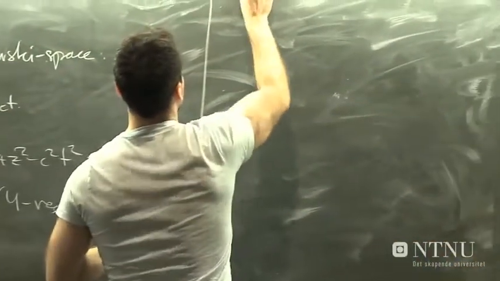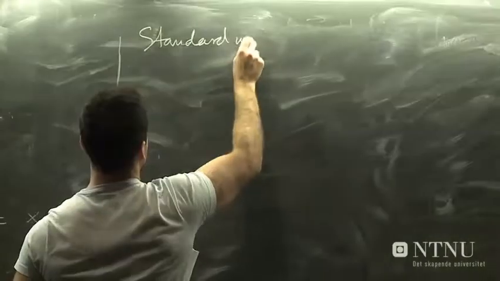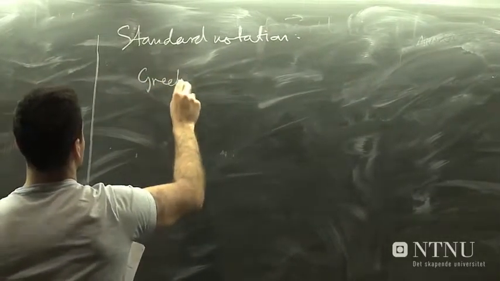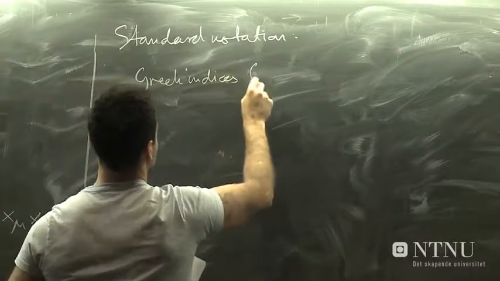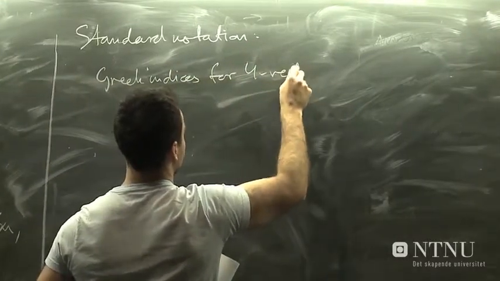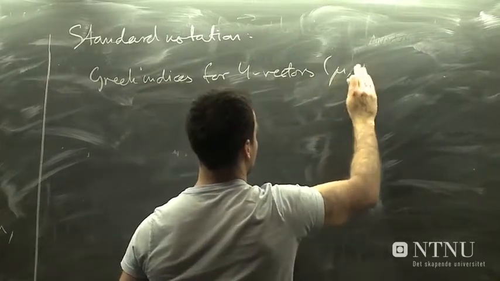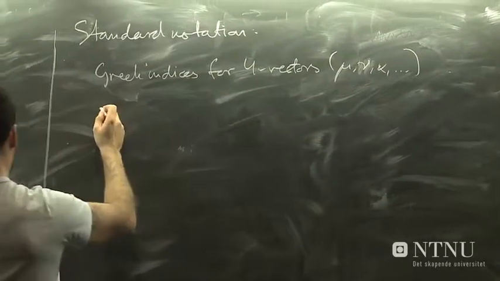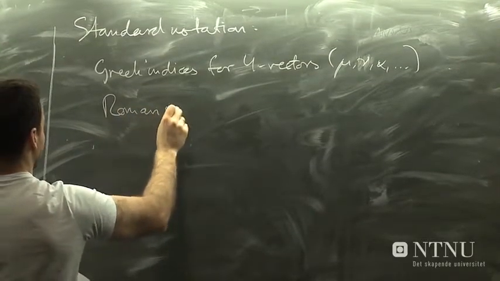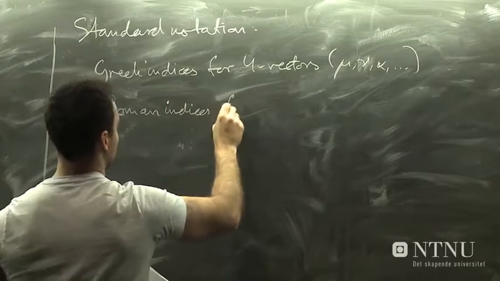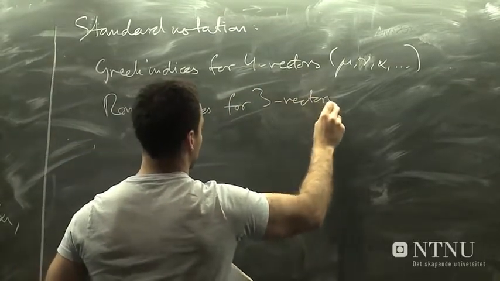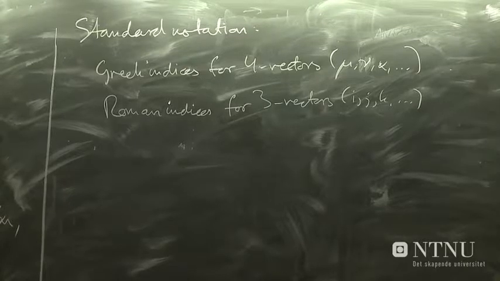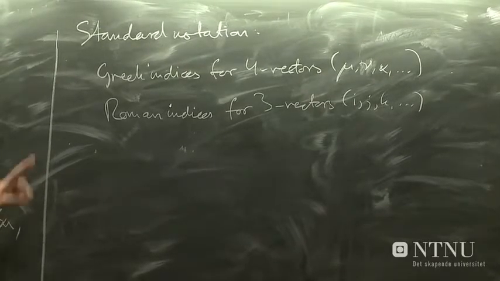So we use Roman indices for our standard 3-vectors in normal space, and we use Greek indices for these 4-vectors.